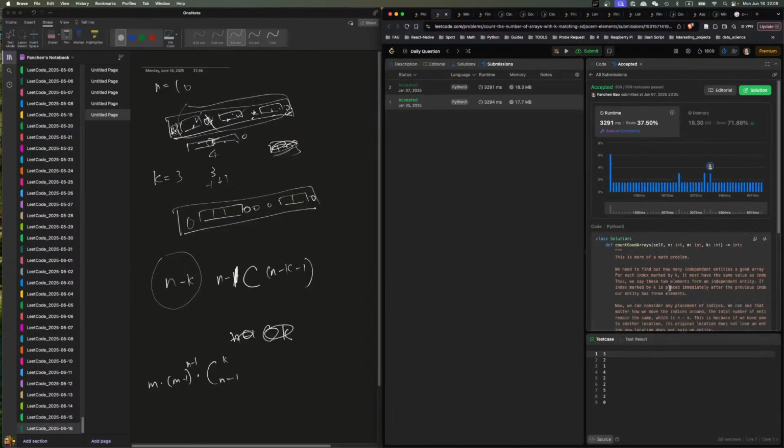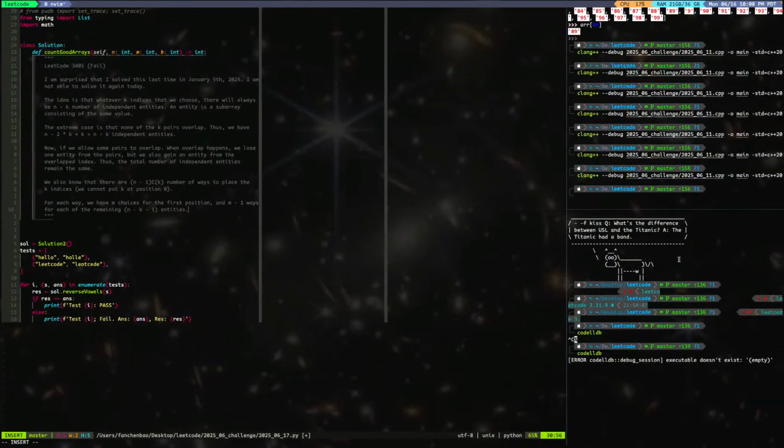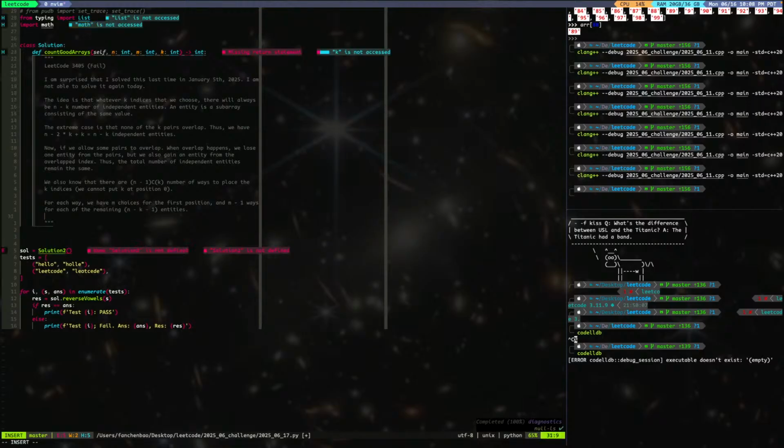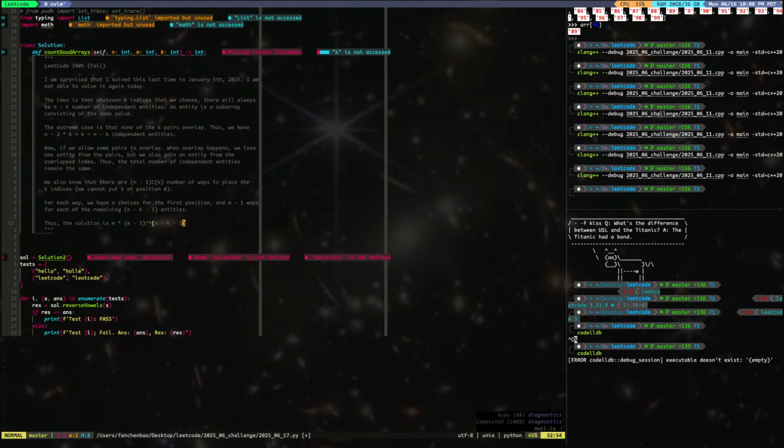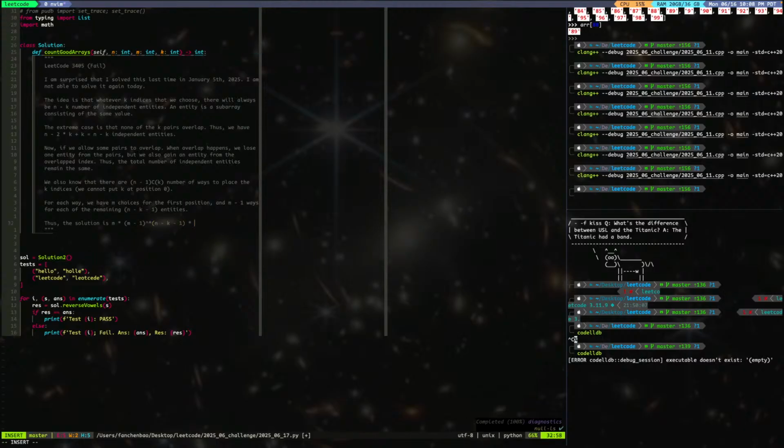Just double check, it's n minus 1 minus 1. Yes. Thus, the solution is m times m minus 1 to the power of n minus k minus 1, times n minus 1 choose k.